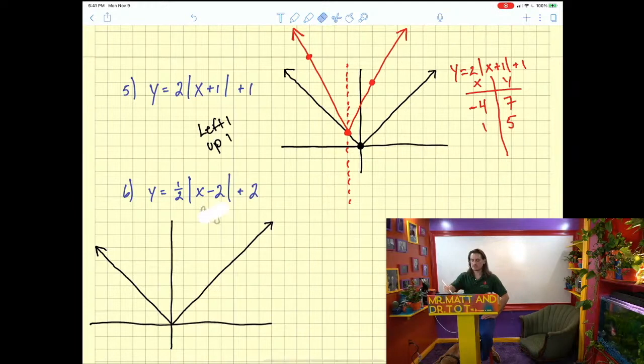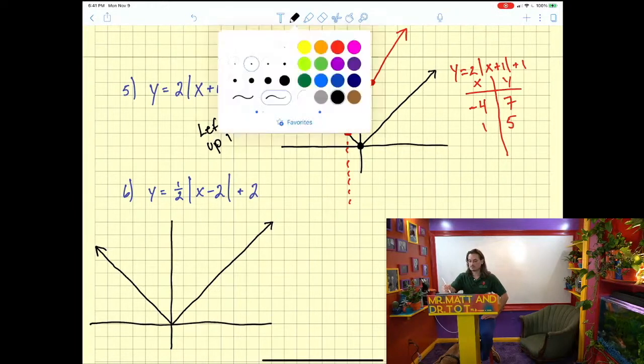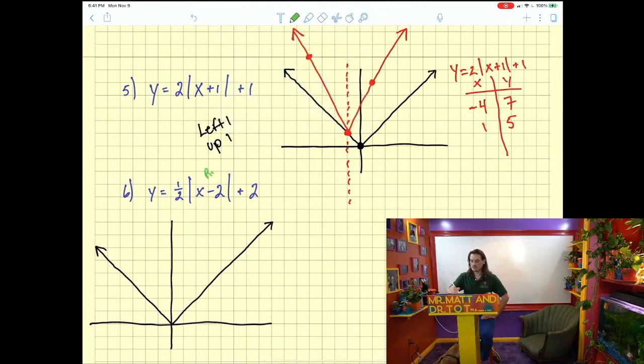Actually, let me do this in another color. So this is going to be right 2. Plus 2 for the k value is going to be up 2. So from the vertex 0, 0, I'm going to go up 2, right 2. So this is going to be my new vertex.